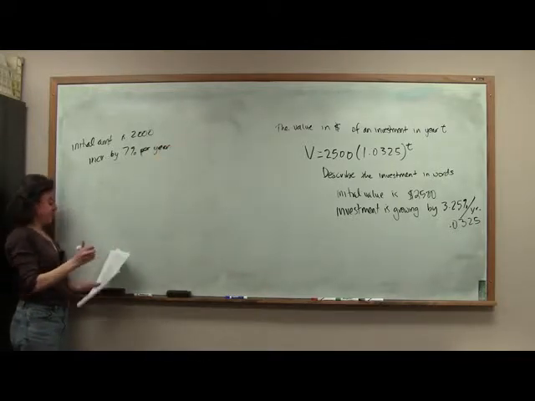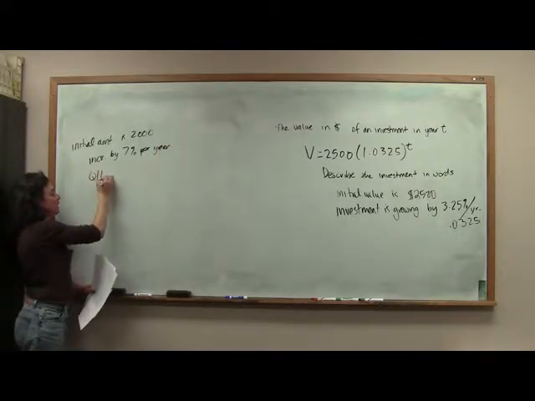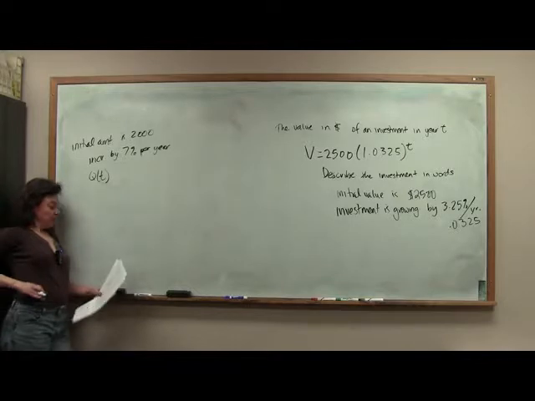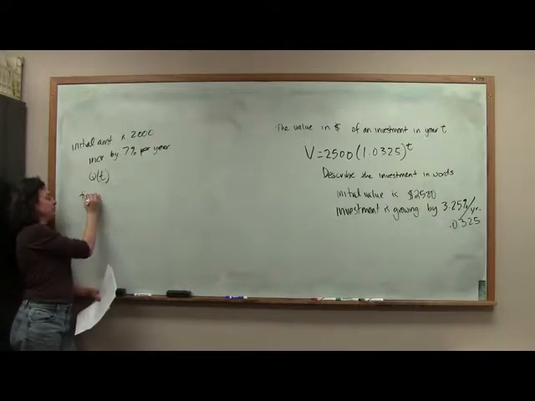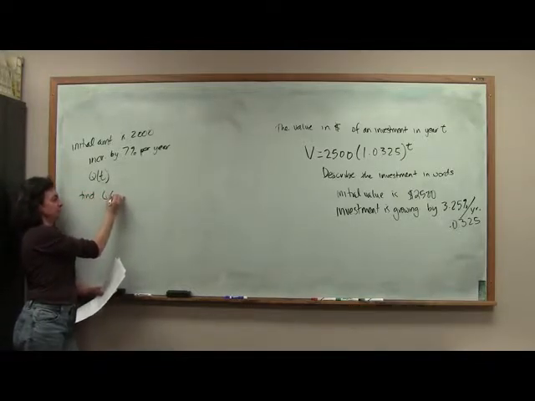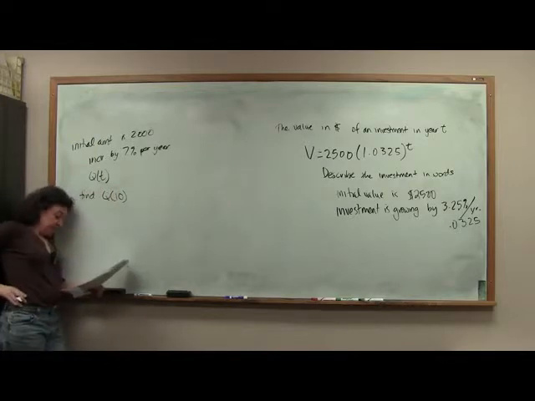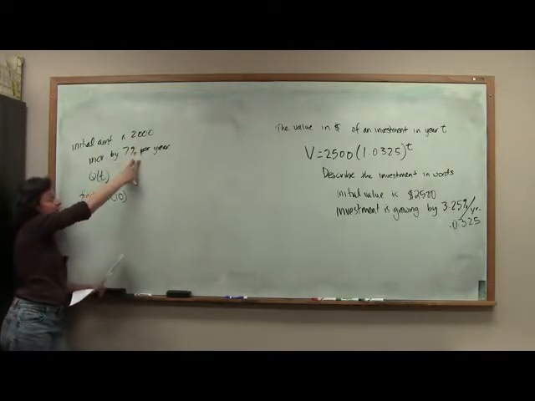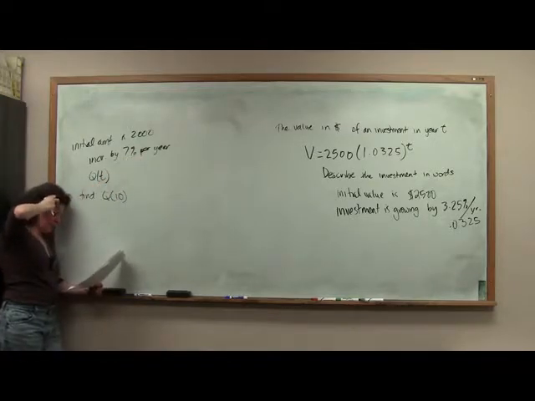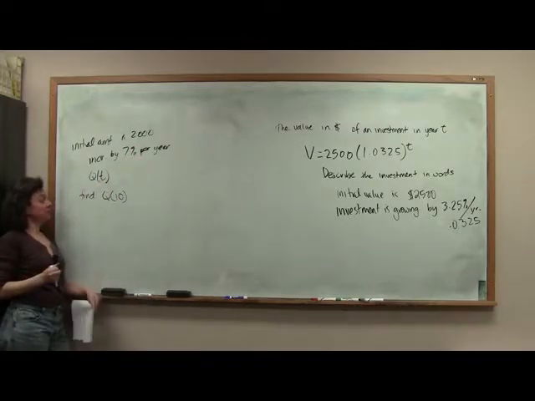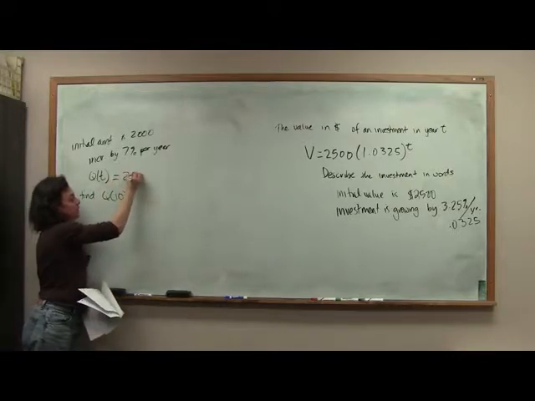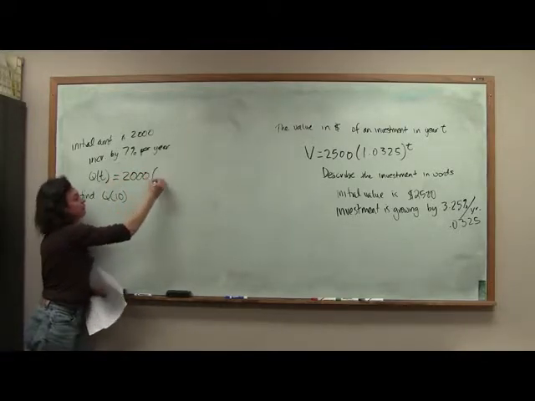What I want us to do is write the formula for this exponential function, and then we'll find the value, and then we'll find Q of 10. So let's just say that the initial value is 2,000, and whatever this quantity is, it's growing by 7% per year. Using my formula, you write your initial amount.